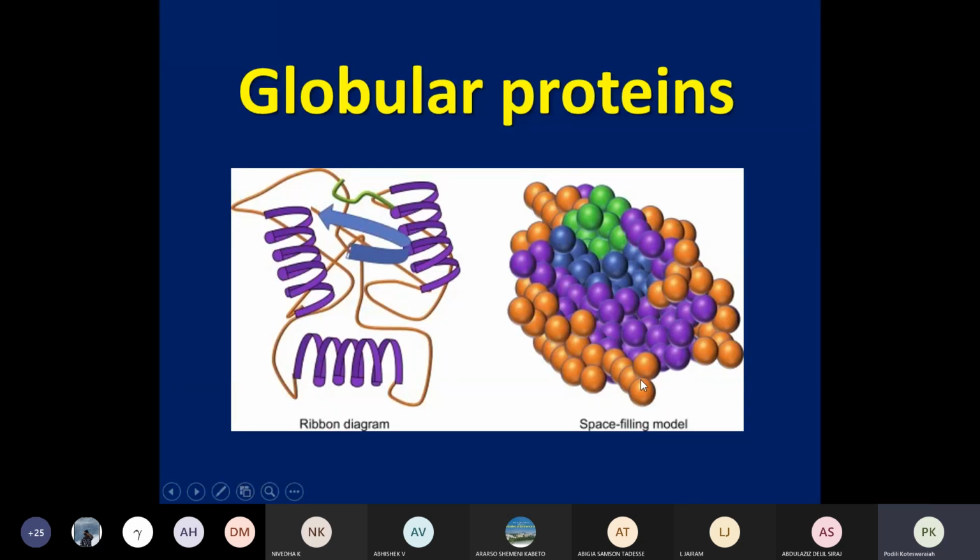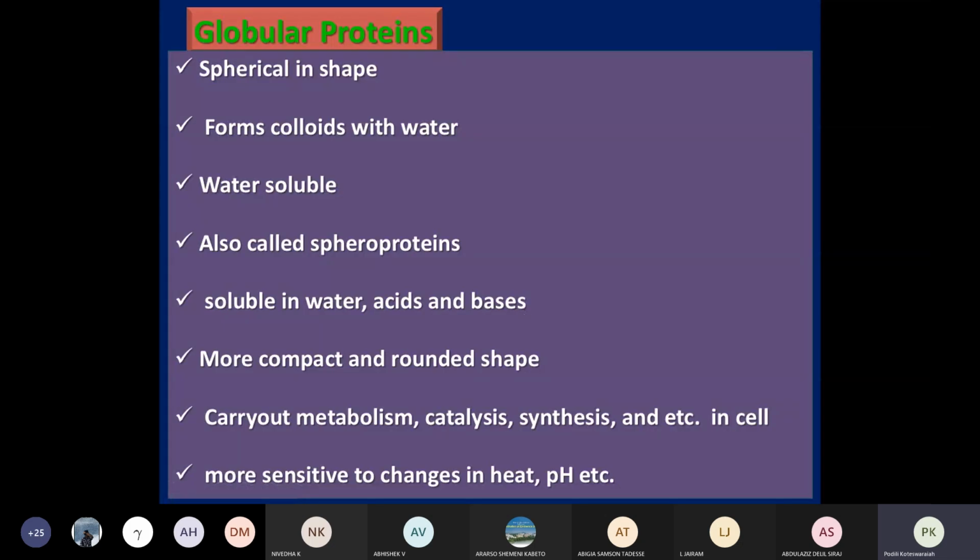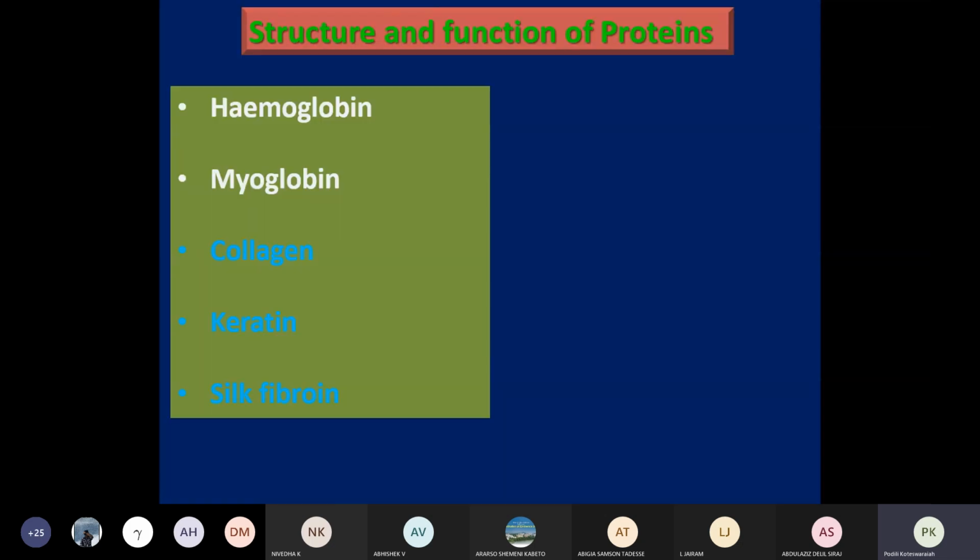And coming to this one, according to your syllabus, we need to study the structure and function of the hemoglobin and myoglobin. These are globular proteins. Then collagen, keratin, and the silk fibroin.